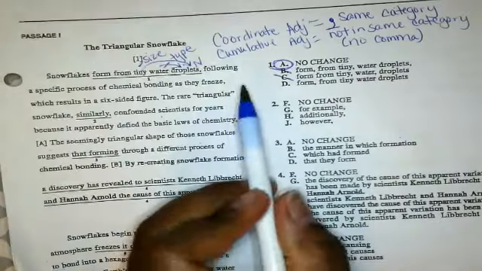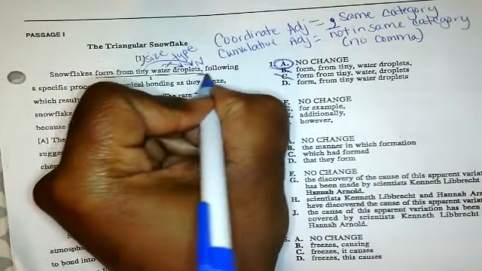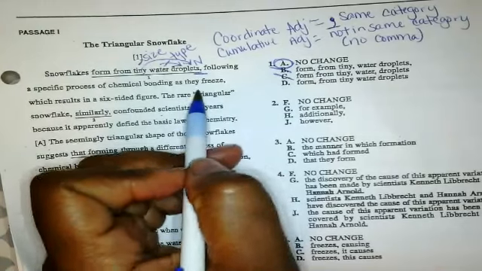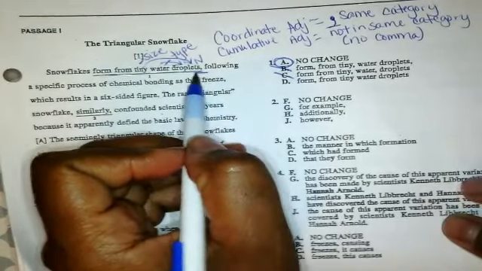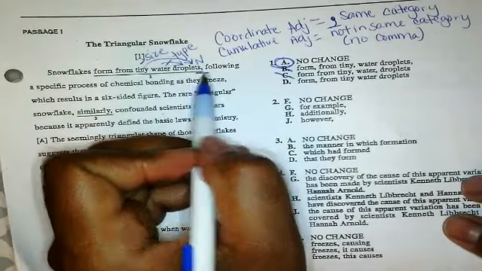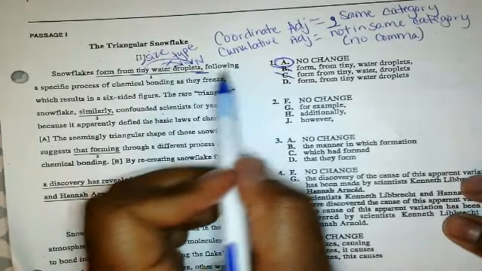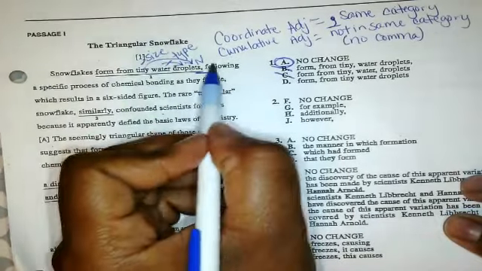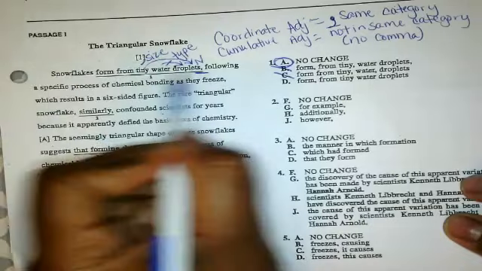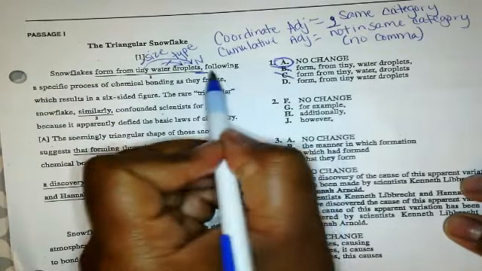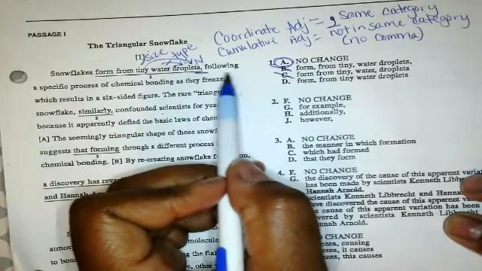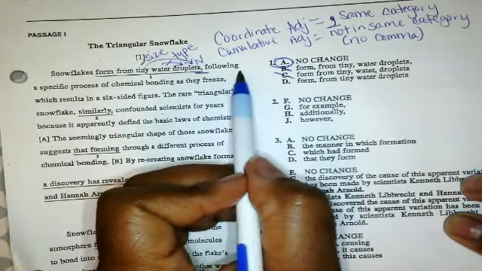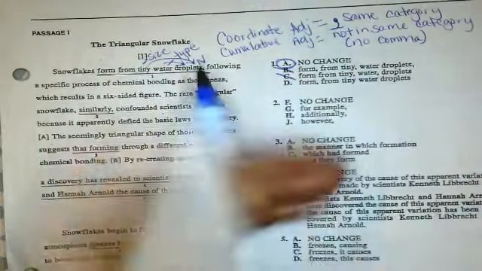And here's the reason why. This comma separates the main independent clause from the rest of the sentence, and the rest of this sentence happens to be a participial phrase.